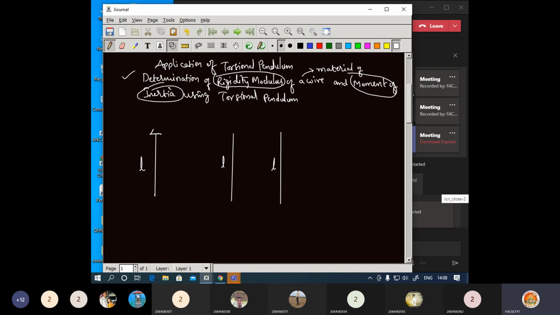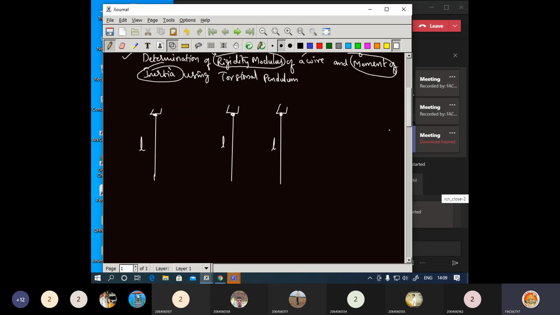Again on the top, this is going to be clamped, fixed at the top of the wire. Now at the bottom, these are the three bottoms. So the same experiment here. First you consider the first diagram and we will modify the second and third.